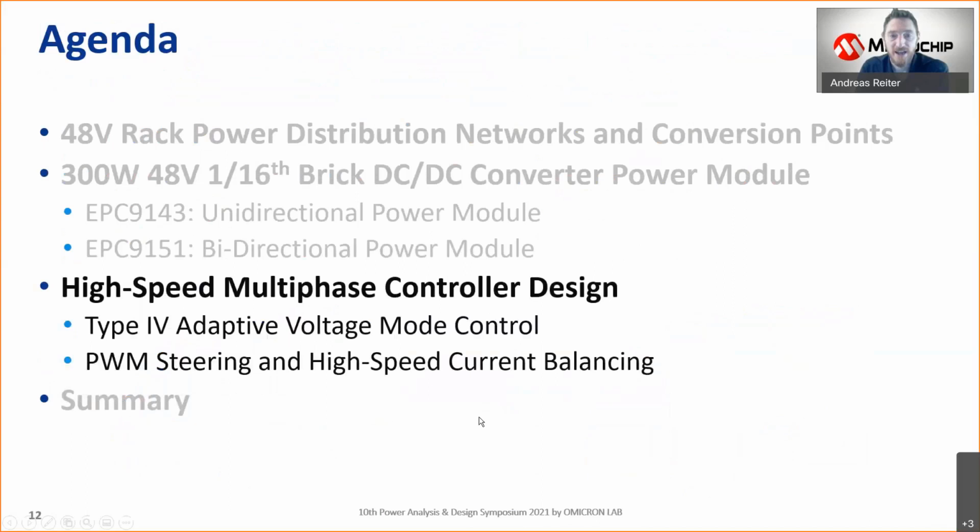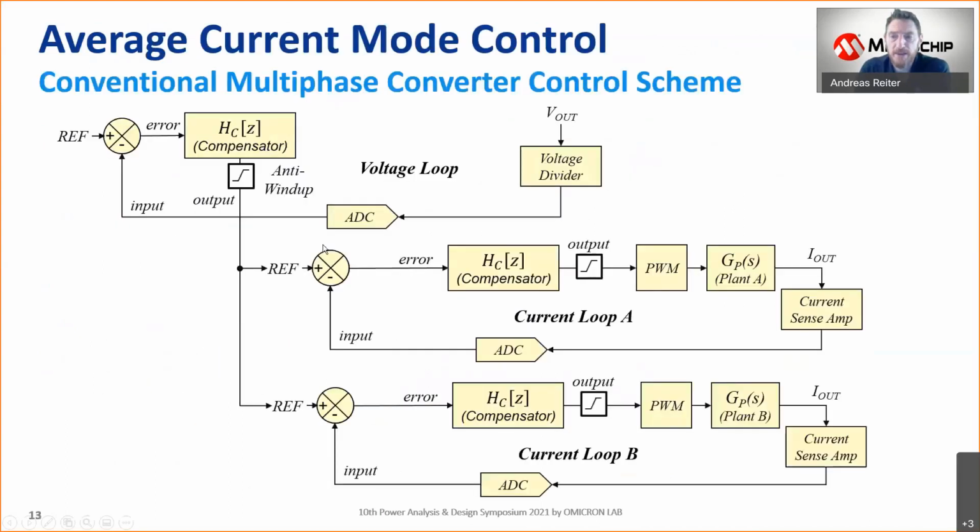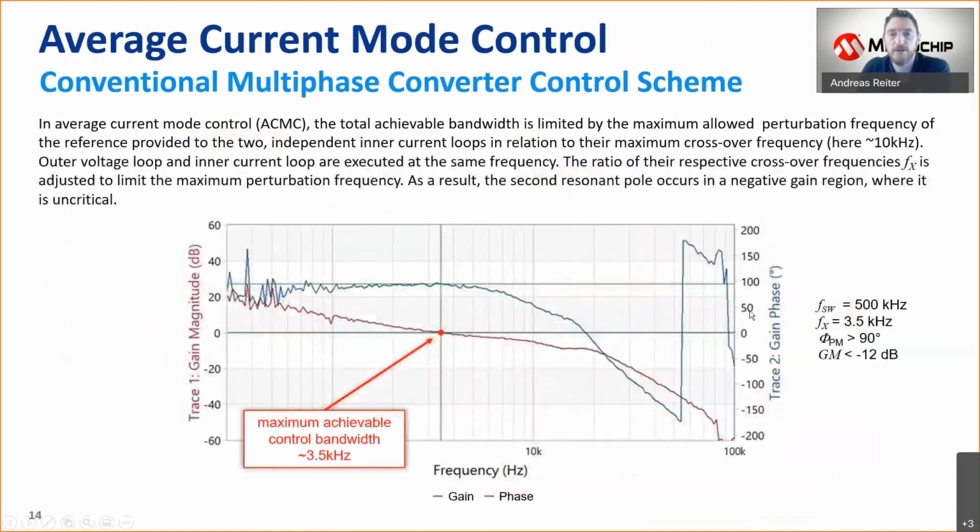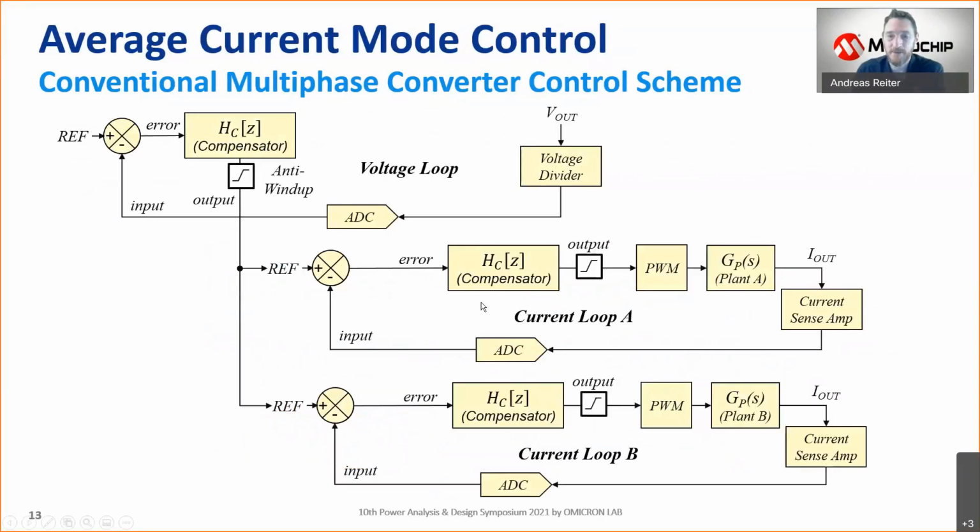Okay, so as I said, both designs are interleaved non-isolated buck converters. So a pretty easy, slim, straightforward, low-cost design. Usually when you have a multi-phase converter, the normal control approach is to use an average current mode controller. The average current mode control is comprised of two inner current loops.